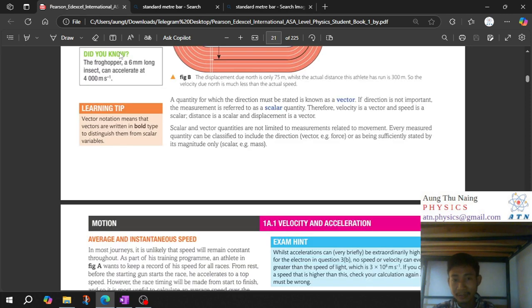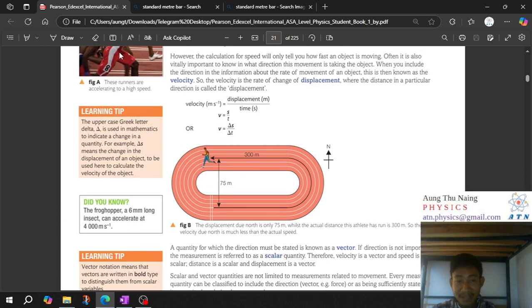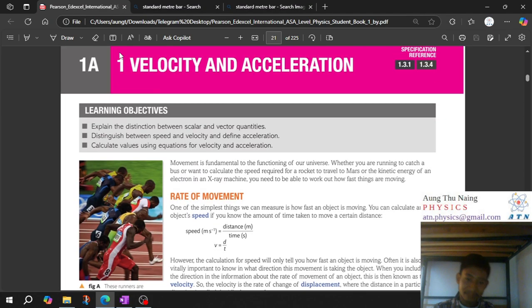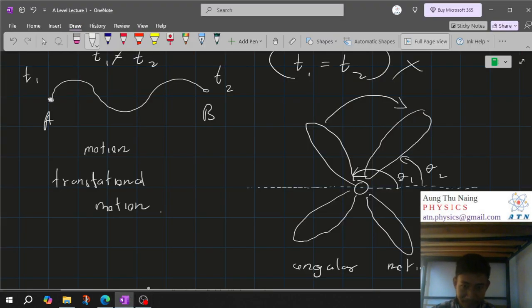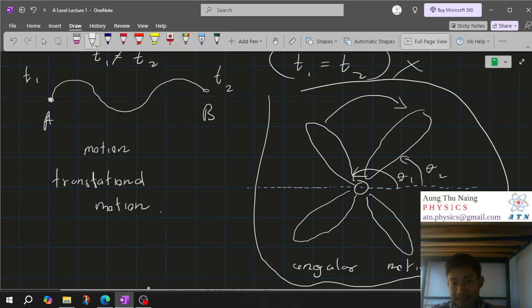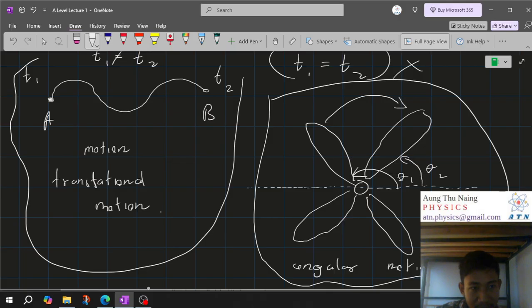In student book 2, we will learn angular motion. So this type of motion will be learned in student book 2. And this translational motion.